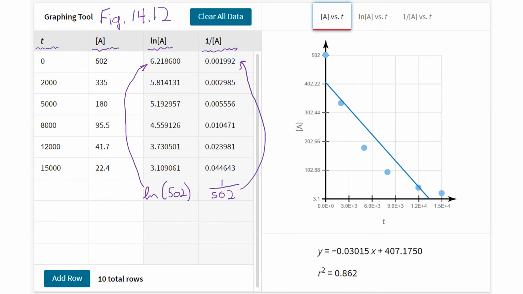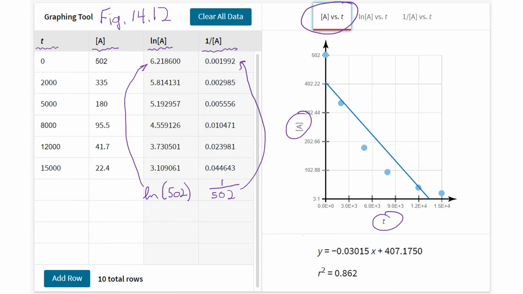All right, so over here on the right-hand side of your screen, the computer did the graph for us. The graph that we are seeing is the one that's boxed up here, selected. It's the concentration versus time. So our vertical axis is concentration, and our horizontal axis is time. The computer also calculated the equation for a line of best fit, y equals mx plus b.